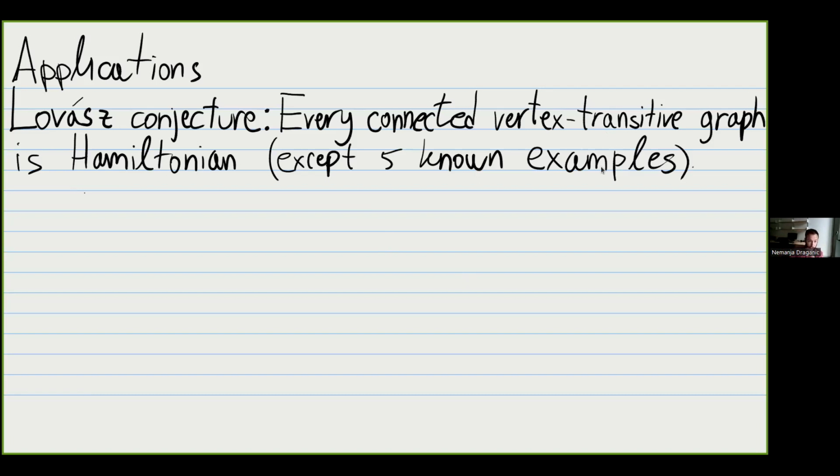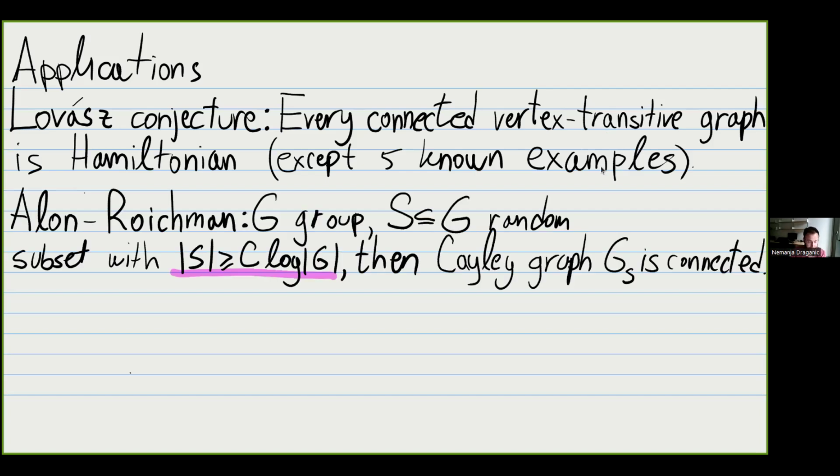To give further context, in the 90s there was a result by Alon and Roichman. This application will be something about Cayley graphs. If you don't know what Cayley graphs are, it also doesn't matter. The talk is not about this, just for those who know.